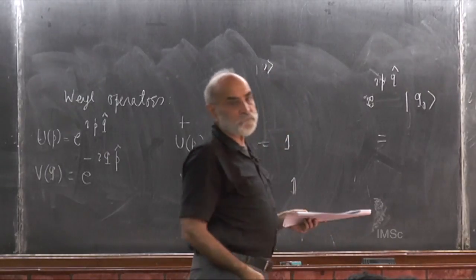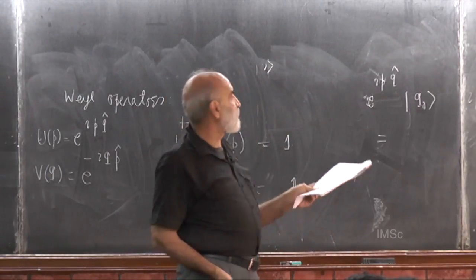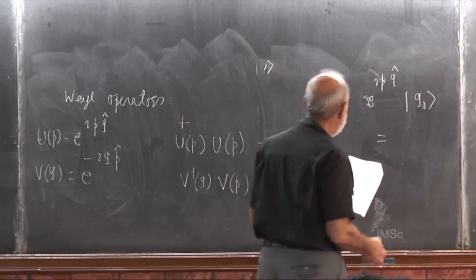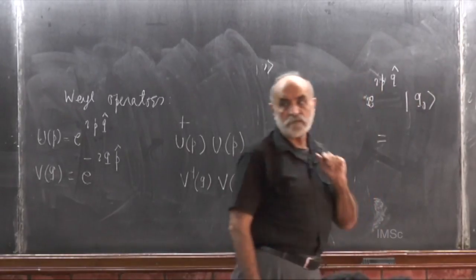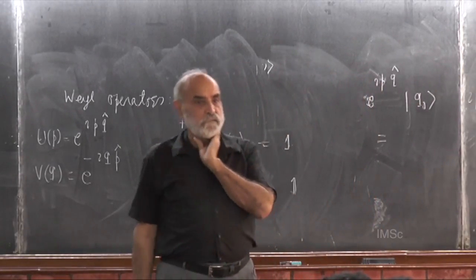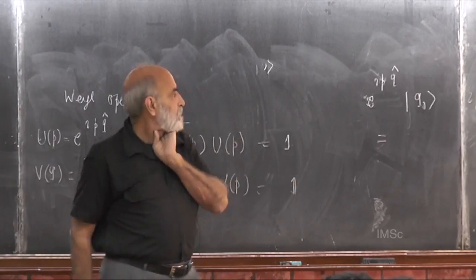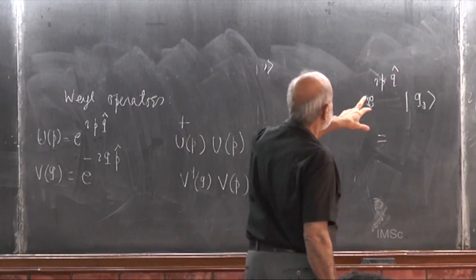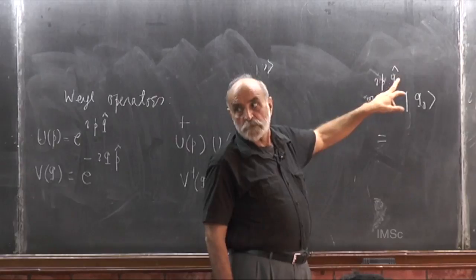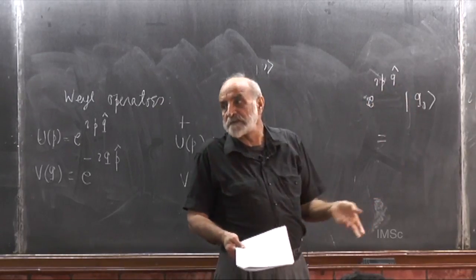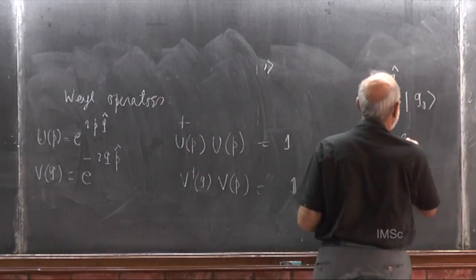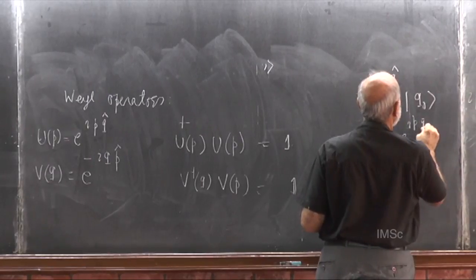I want you to find out what is the action of this operator on this state. This is a function of q hat, and this is an eigenstate, so very simple. It's simply e to the i p q naught times q naught.